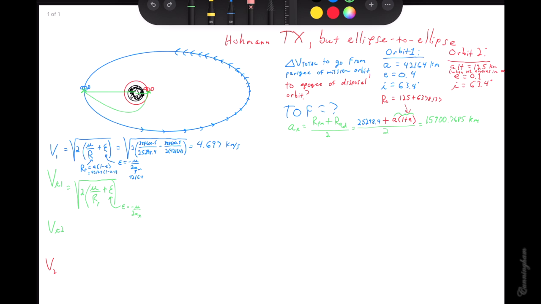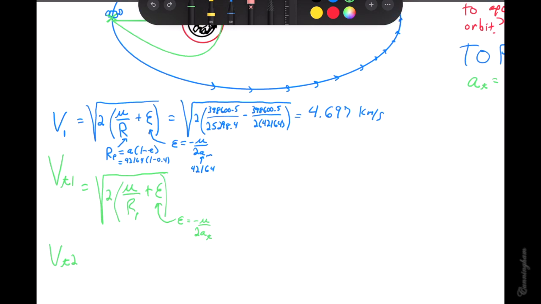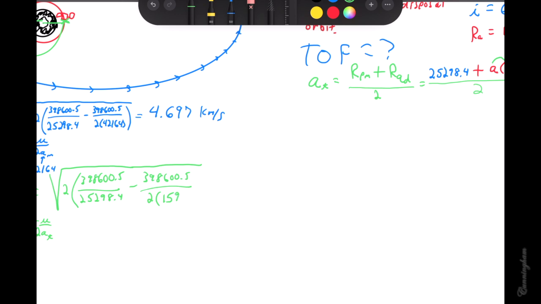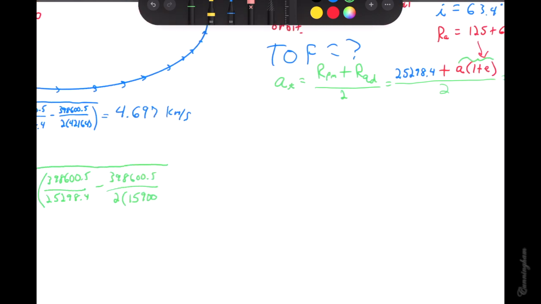All right, now let's go back to work, because this is what goes in here. So now it's time to plug and chug, as we do. Let's zoom in. Okay, we take the square root of 2 times 398,600.5 over radius of perigee, which remains unchanged. We've just done our first burn. We haven't actually moved yet, because remember, our assumption is these are instantaneous burns. Now we get to use our newly found transfer orbit semimajor axis, 15,900.7685.